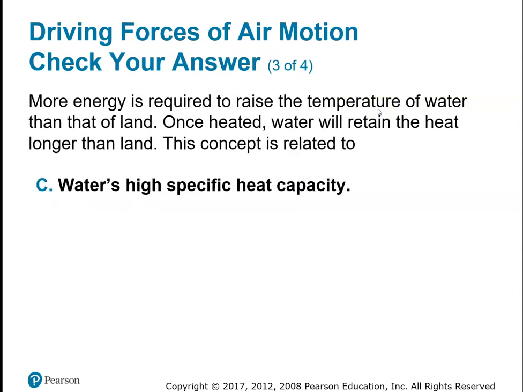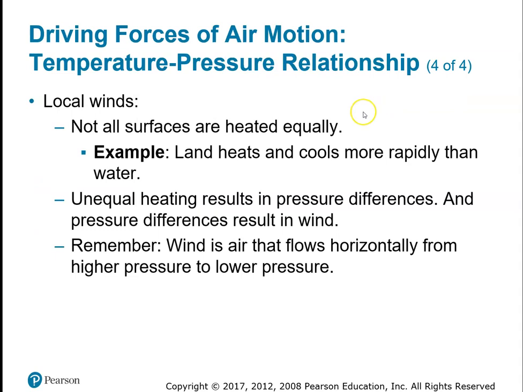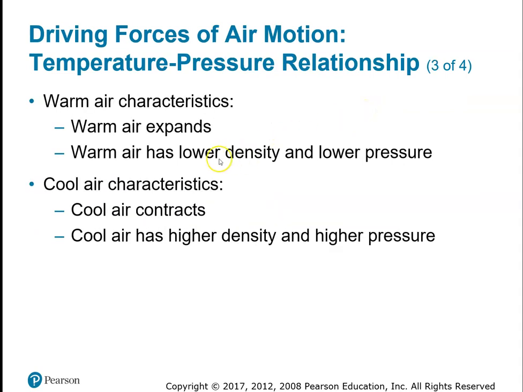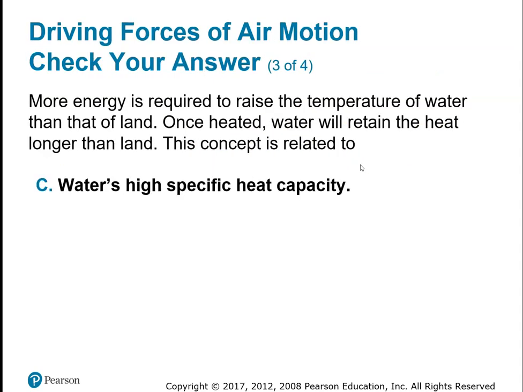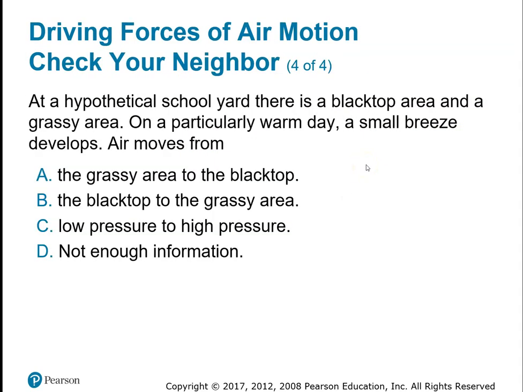Let's go back to this one right here. Higher temperature means lower pressure, right? Lower density, of course, and lower pressure. So keep that in mind. The blacktop has lower pressure, and it'll be cooler over the grassy area.